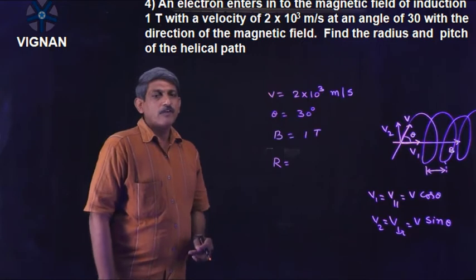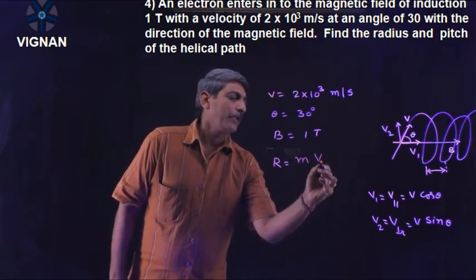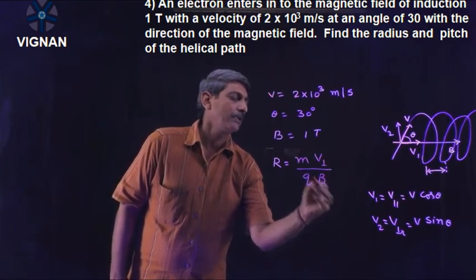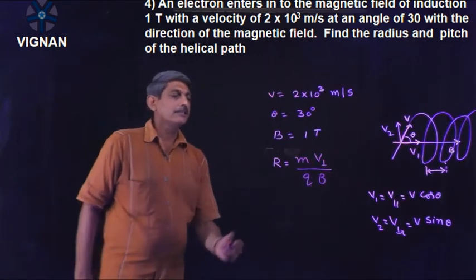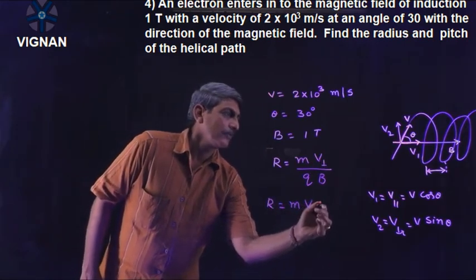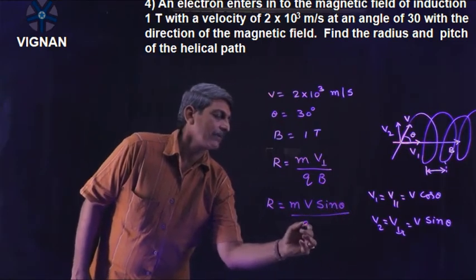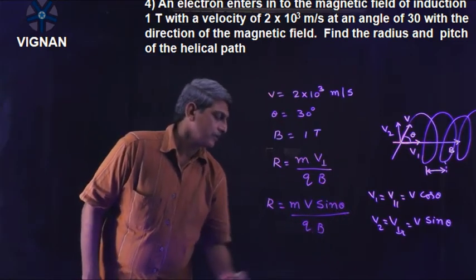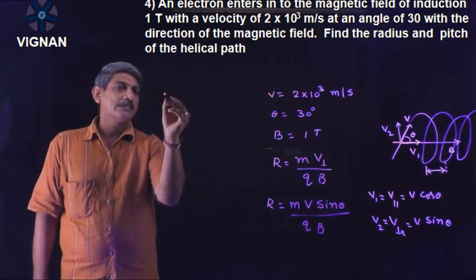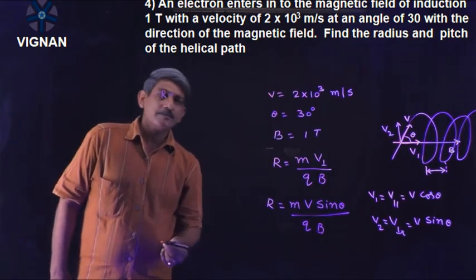Now, the formula for R is equal to M V perpendicular divided by QB. This is equal to M V sin theta divided by QB. So M value is given for us. R is equal to, here electron is given.